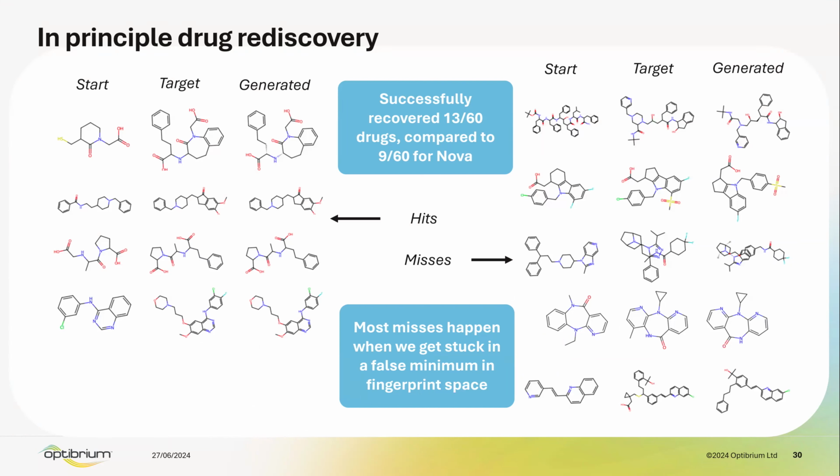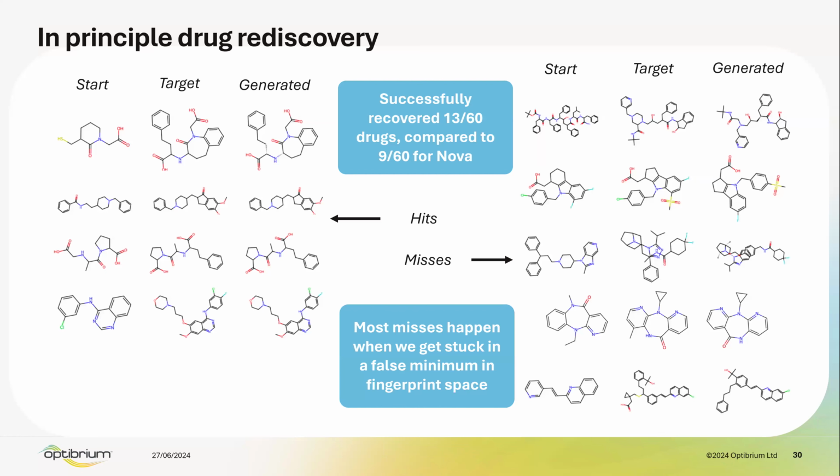What you can see generally is that where we've missed, it's quite a complex compound, and it's typically that we've got stuck in a minimum in fingerprint space. We've got stuck in a false minimum nearby where we have the same structures, but not in the right places. And to get from A to B, we'd have to take those structures out again. So our simple search strategy isn't up to the job.